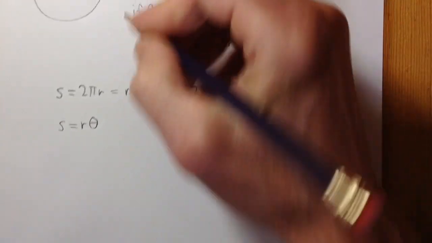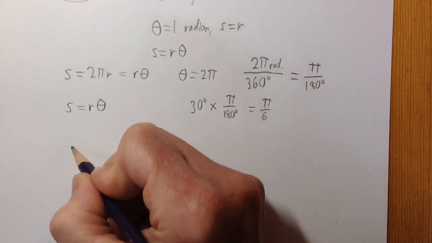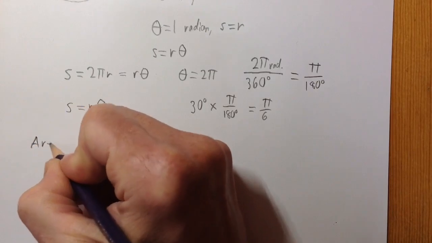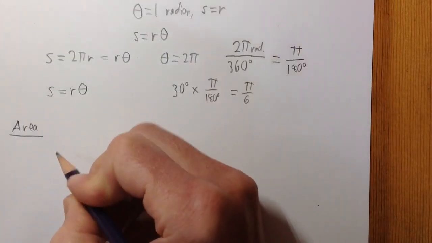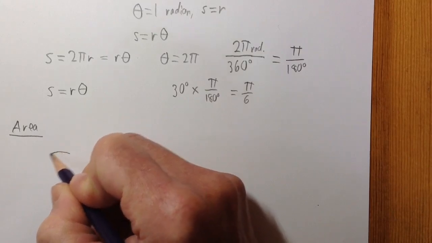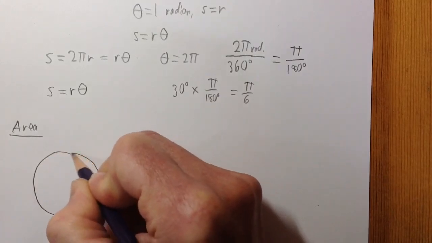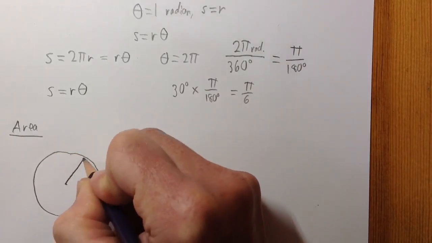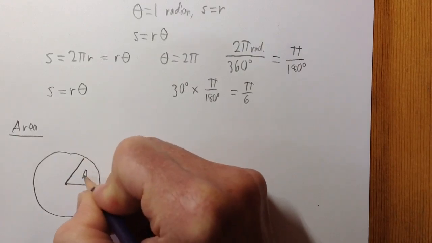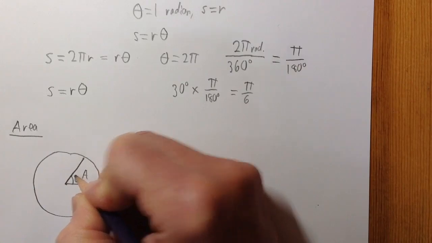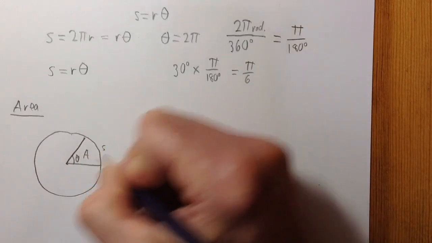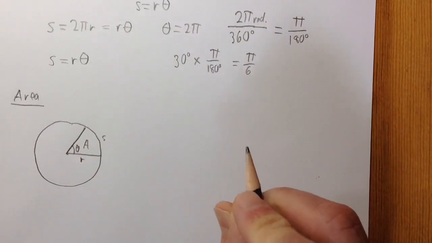Now let's say we want the area of a wedge. This is like problem number 3. It has you figure out a lot of areas. So here's our circle again, and we want the area of this wedge, and we know that this angle is theta, and we can call this distance s, and this is r.